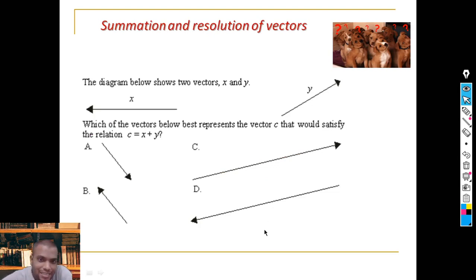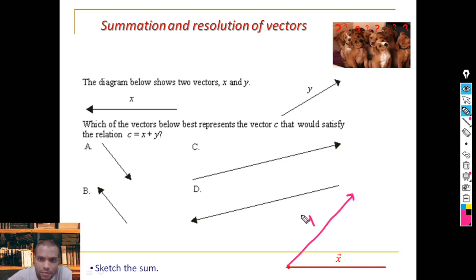Now let us try a question which is given here. The diagram below shows two vectors x and y. Find the vector x plus y. To do that, try to sketch it. This is the x bar vector, and you bring the y bar vector to the tail of the first vector. Suppose I bring the y bar, y bar is along this direction.